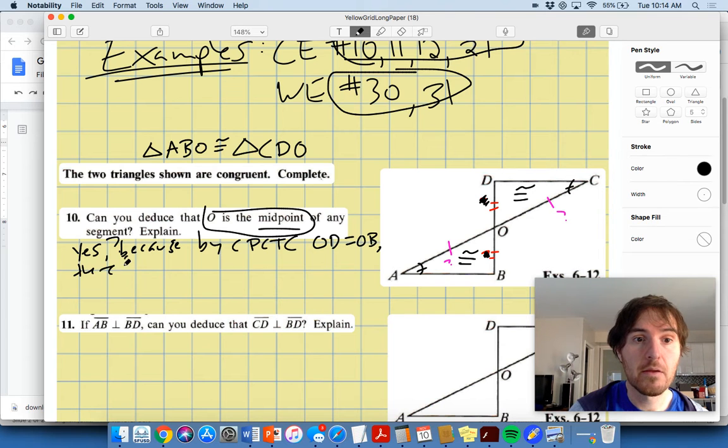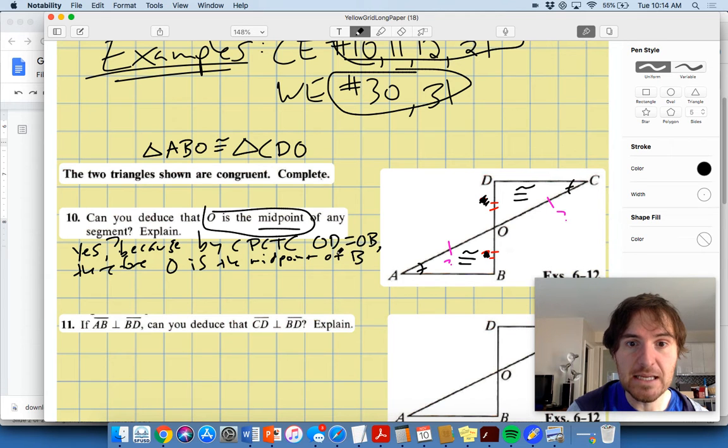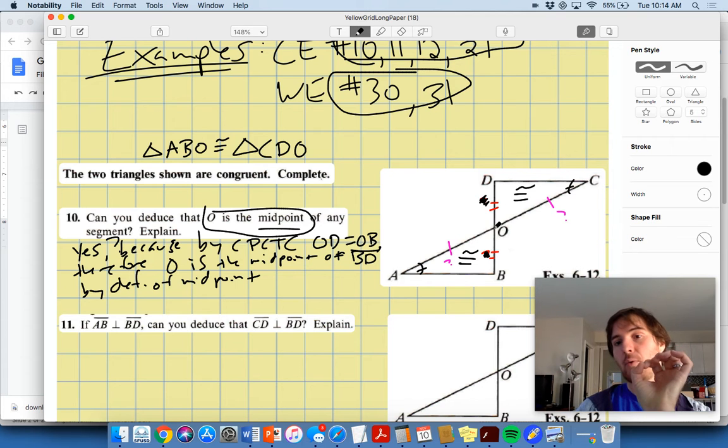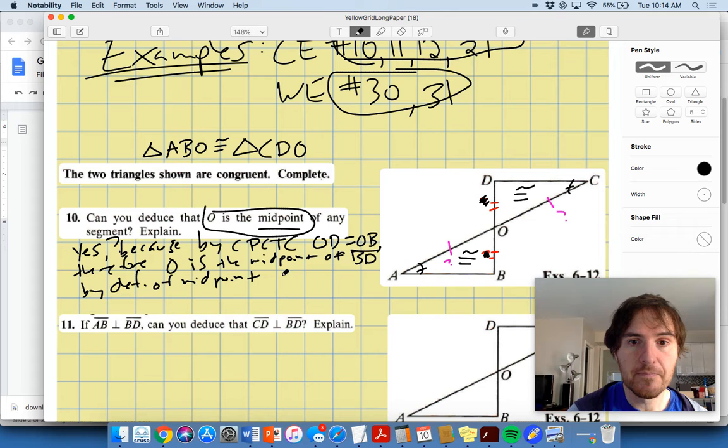Therefore, what are we looking for? O is the midpoint of segment BD by definition of midpoint, right? Because that segment's congruent to that segment, that's enough to show that that point here is making congruent segments out of this segment BD. There we go. O is the midpoint of BD.